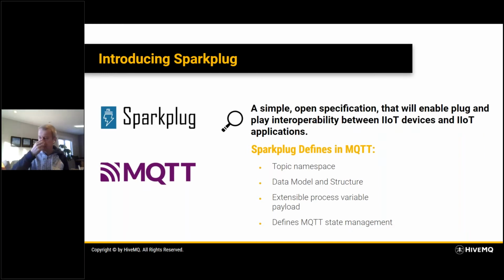MQTT is very much payload agnostic, whereas SparkPlug defines a consistent payload for how devices need to publish information and how applications need to subscribe to and consume that information.